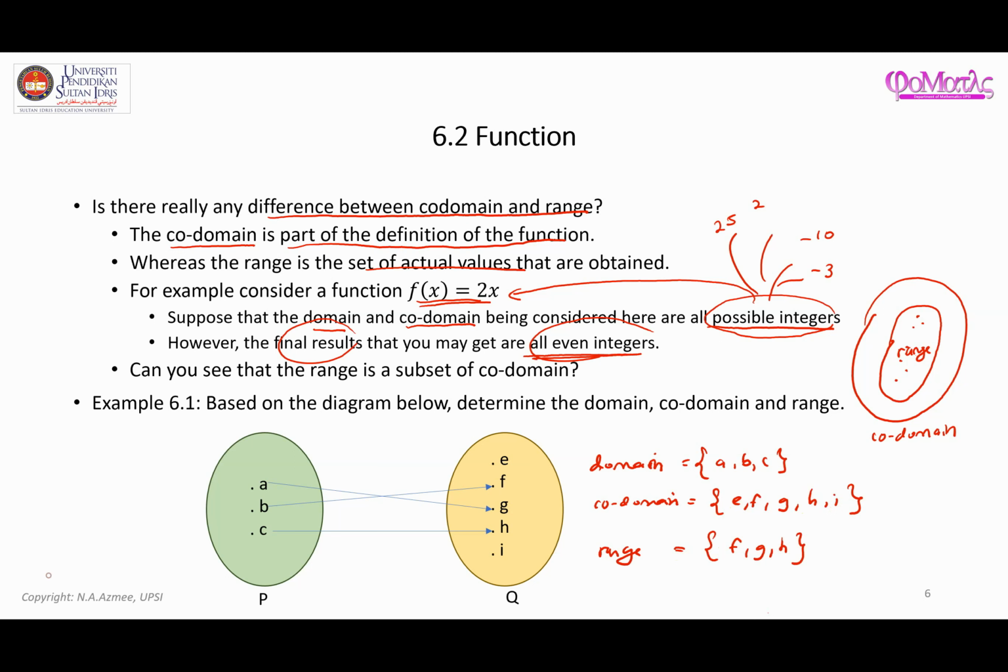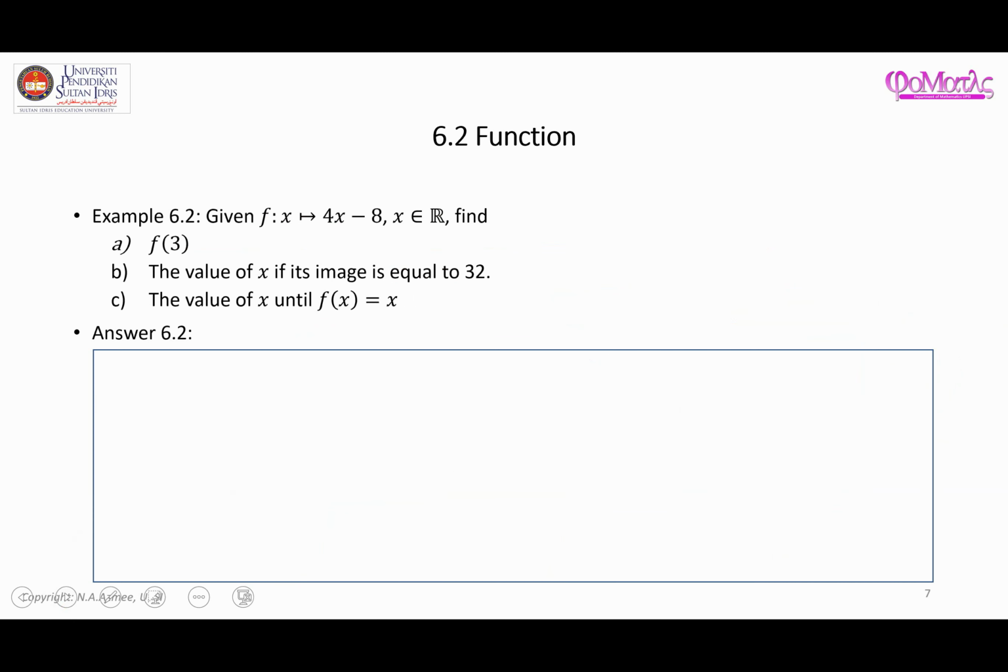Now let's look at the next example. Given f(x) is equal to 4x minus 8, x is a real number. This is actually the definition of the domain. The domain is the set of all possible values of x that can be plugged into this function. When it is a real number, that means it can go from -infinity to infinity.